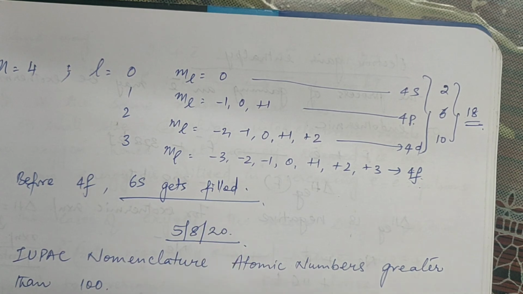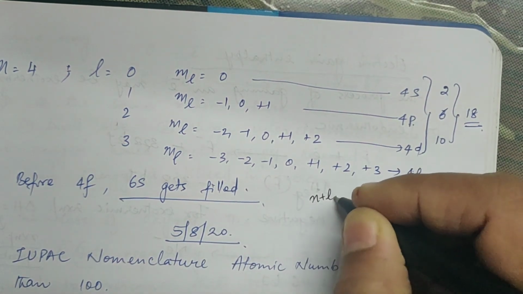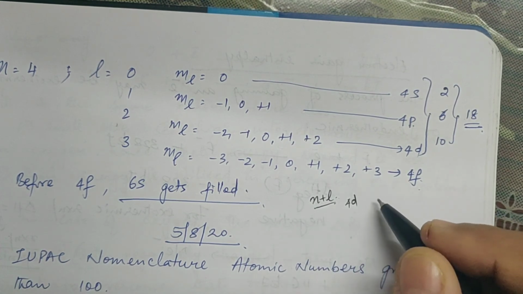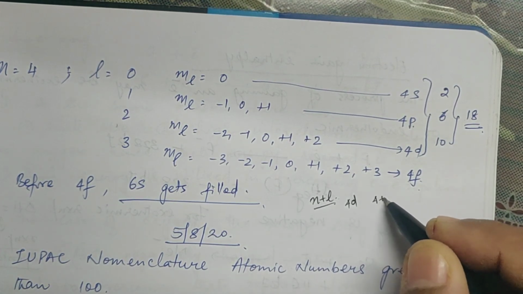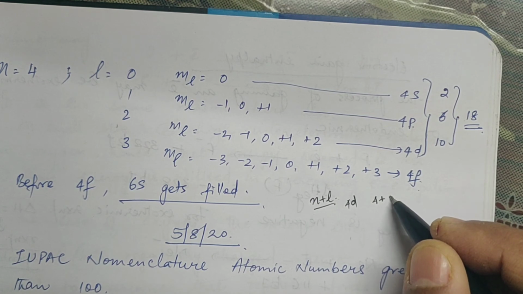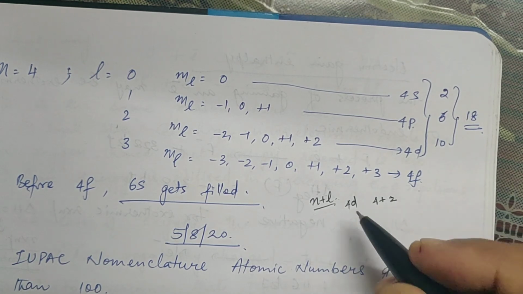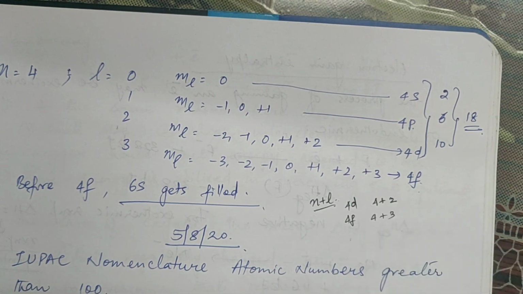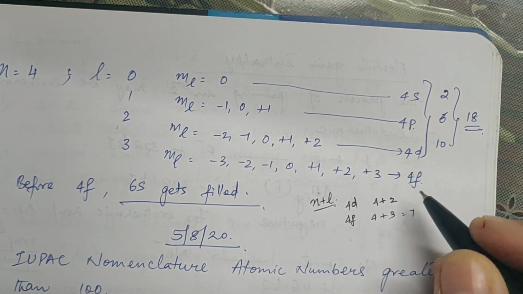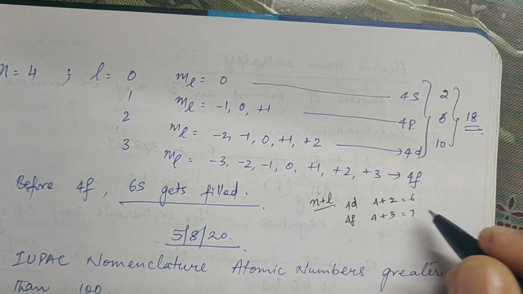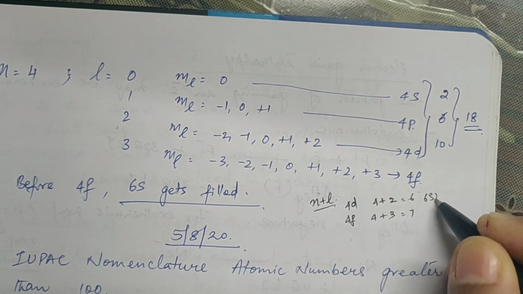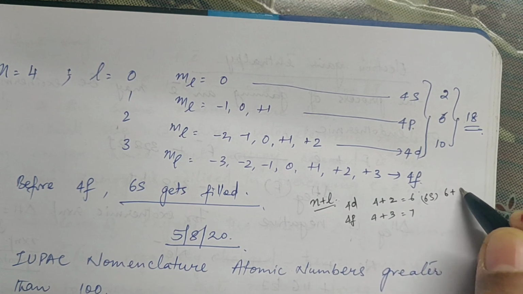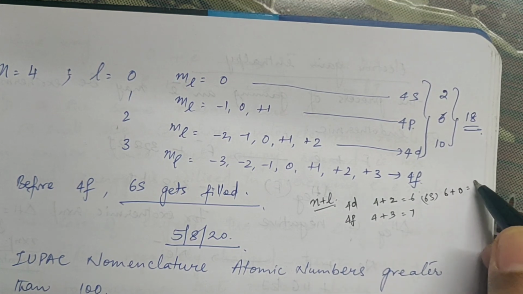This is all based on your n plus L rule. Now for 4d, what is your n plus L? It is 4 plus 2. And for 4f, it is 4 plus 3. That is equal to 7. This is equal to 6. And look at 6s. For 6s, it is 6 plus 0. So that is equal to 6.